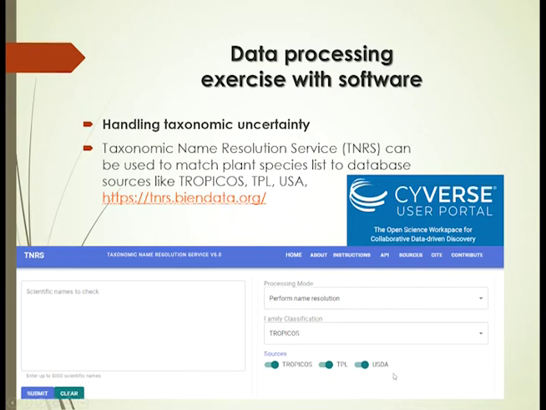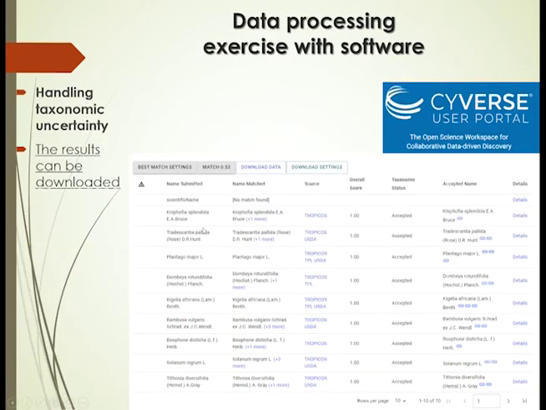You can choose the databases and then you submit so that you have the results. For instance, in the file, you have a scientific name that is matched to nothing, and the names matched are here. The database source used is Tropicos here.